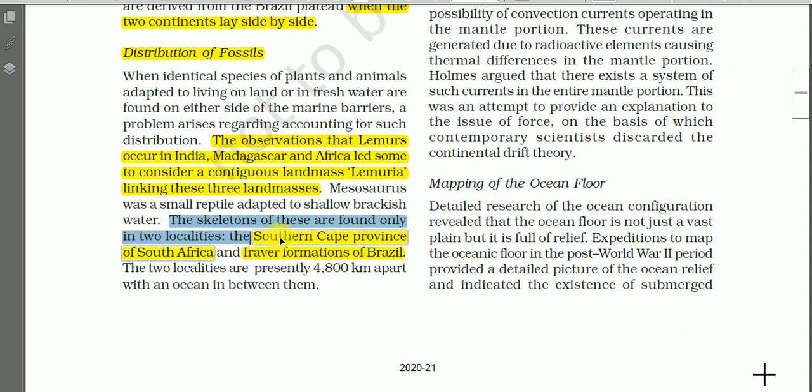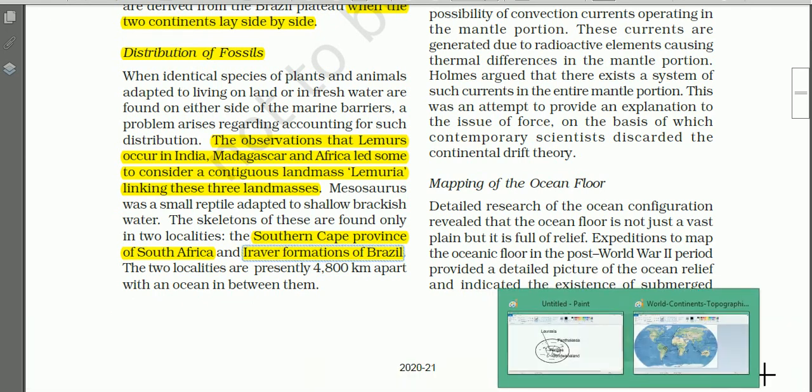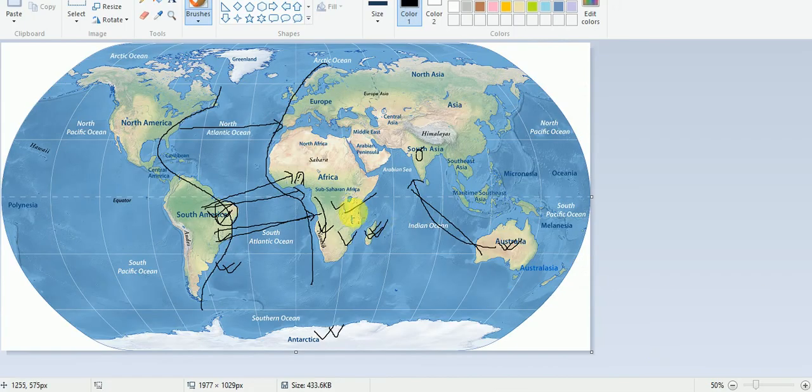One is in the southern Cape province of South Africa and the other in the Irati formation of Brazil. Mesosaurus were found only in these two localities. One is here, and another one is here.